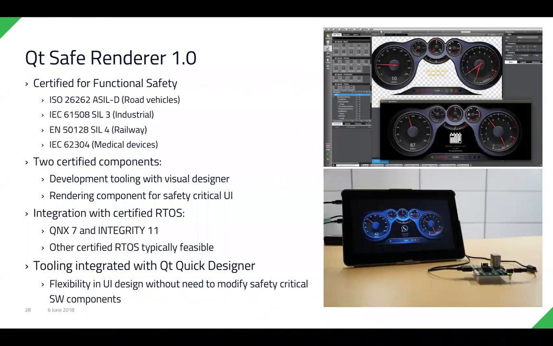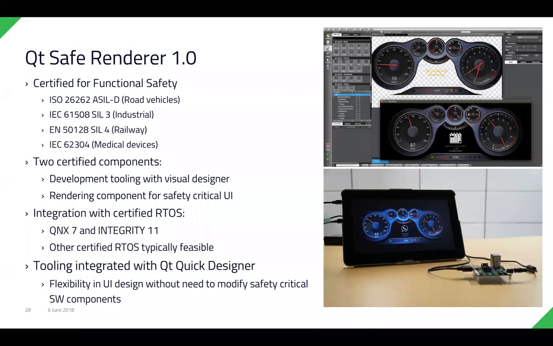This renderer is now, since actually a couple of days, certified for functional safety, for both the ASIL-D for road vehicles standard, SIL-3 industrial, and SIL-4 for railways, and IEC 62304 for medical devices. So you have a very good set of certifications there.